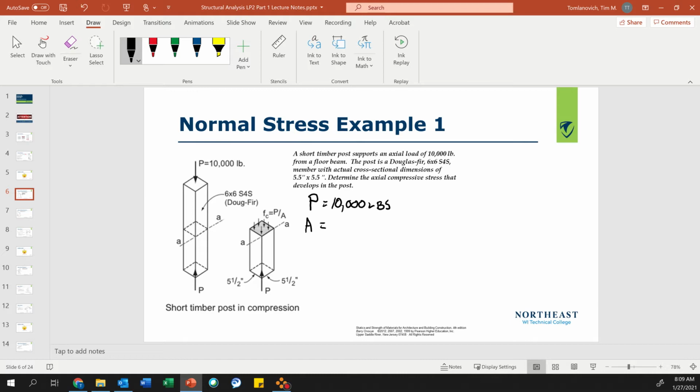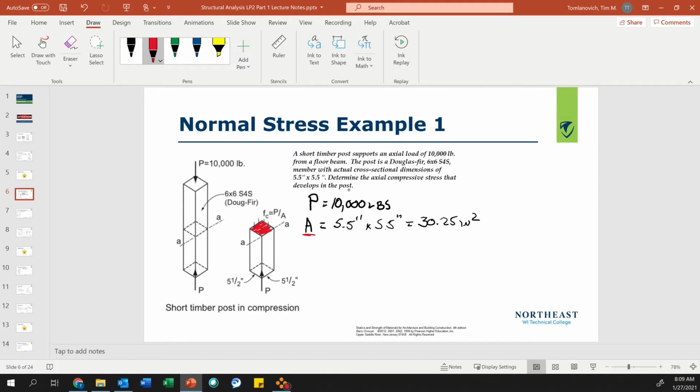So our area is 5.5 inches times 5.5 inches, so 5.5 squared, that equals 30.25 square inches. So that area is this right here: 30.25 square inches.